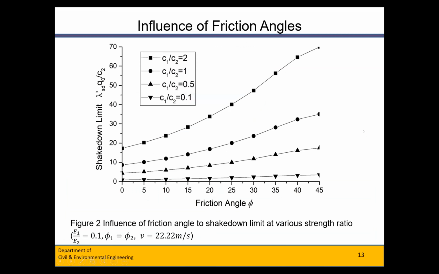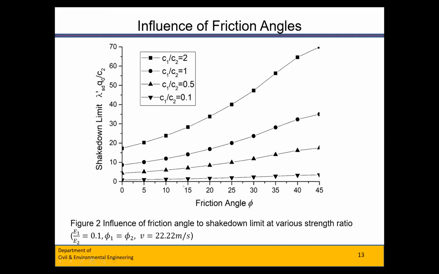Okay, now let's talk about the results. The first is the influence of the friction angles. Here in this result, we fix E1 over E2, which means the Young's modulus ratio, at 0.1. The friction angles of the two layers are the same, and the velocity of the moving load is 22.22 meters per second.